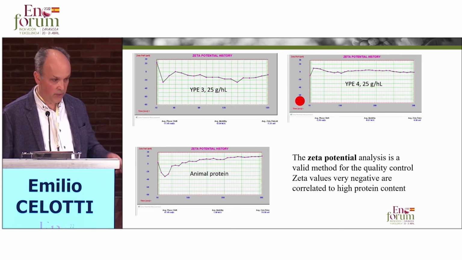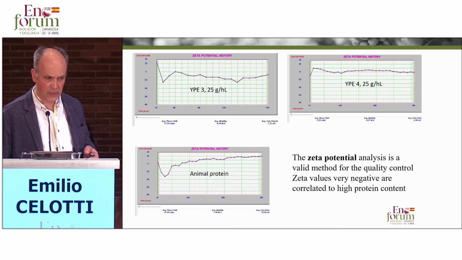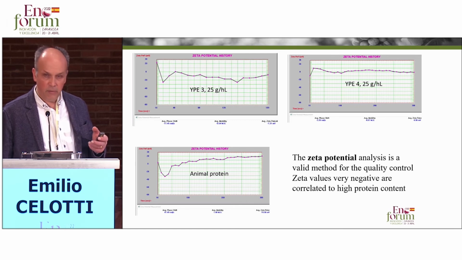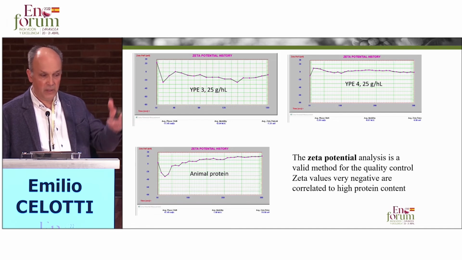Here we have different values from the previous ones, always negative ones, and as a comparison we can see the zeta potential of a pork animal protein, to say that this is a very sensitive system.